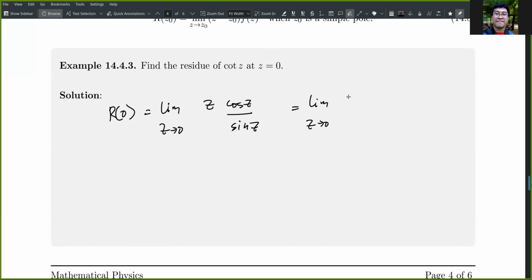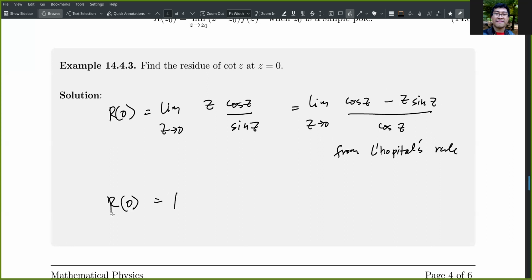Using L'Hopital's rule, you take the derivative of this, that's cosine z minus z sine z, divided by cosine z. If we substitute z by 0, this becomes 1, this is 0, and this is also 1, so R at 0 equals 1.